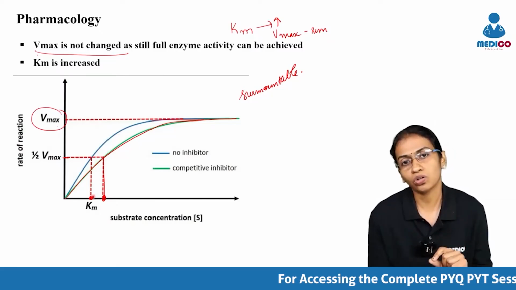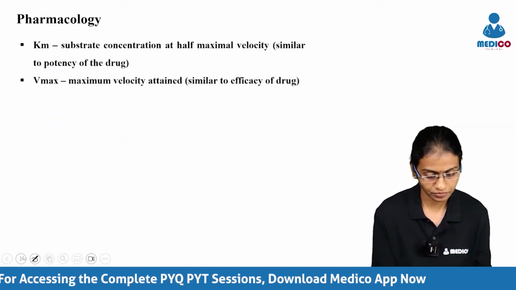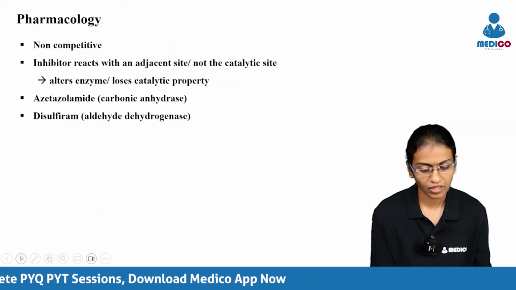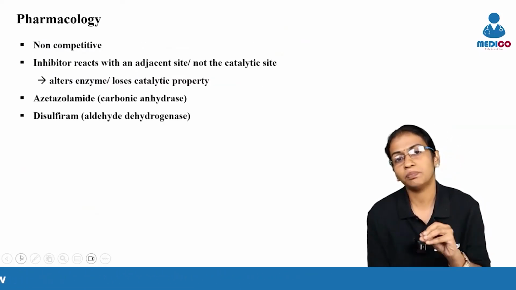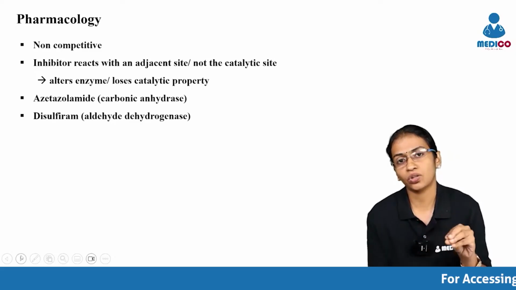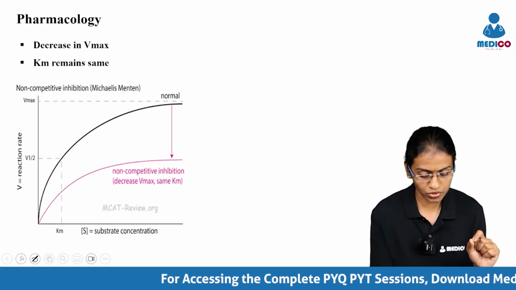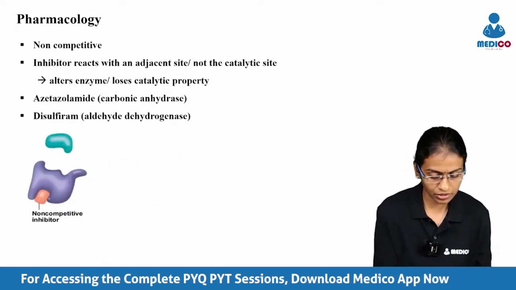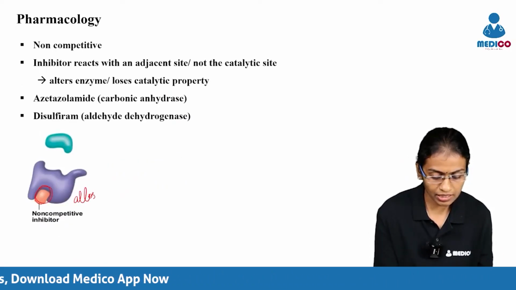What about non-competitive inhibition? In non-competitive inhibition, the drug binds to a different site, not the active site of the enzyme. The different site is what is known as the allosteric site. You can see here, it comes and binds to an allosteric site.